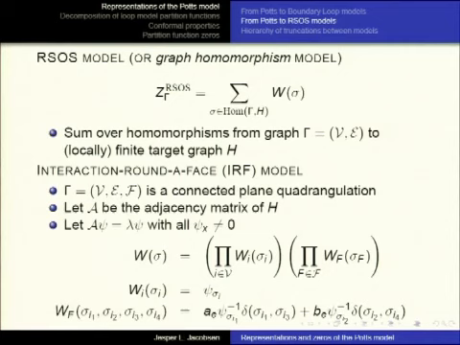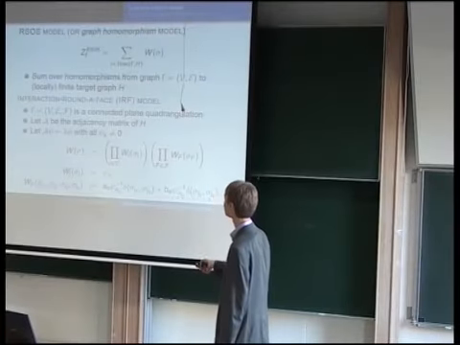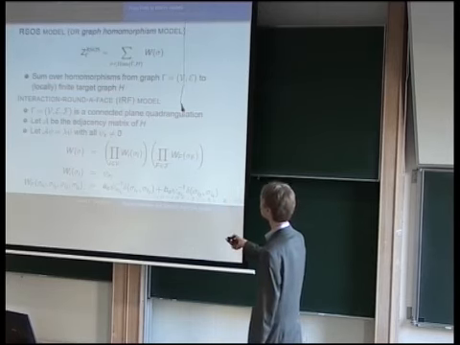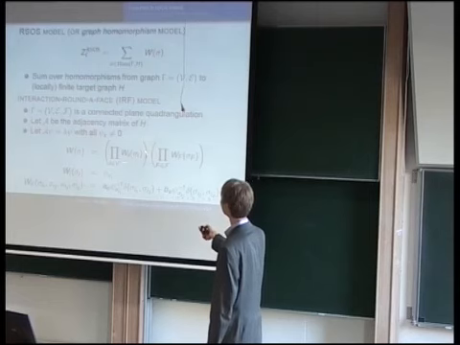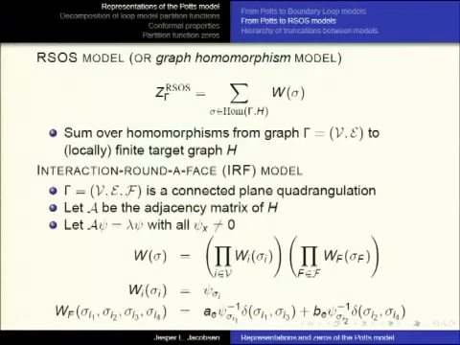So the weights depend on the values taken in this target graph, so that the collection of those values are called sigma. And it's a product of weights with respect to individual vertices in my original graph and weights over the faces of my graph, which I remind is a plane quadrangulation. And they are going to take some very particular values.